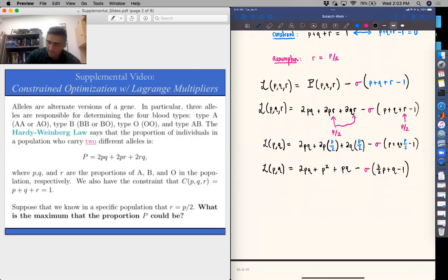Oh, I guess there's a little more simplification we can do. We can combine the 2pq and pq. So our Lagrange function finally is equal to just 3pq plus p squared minus that constraint.